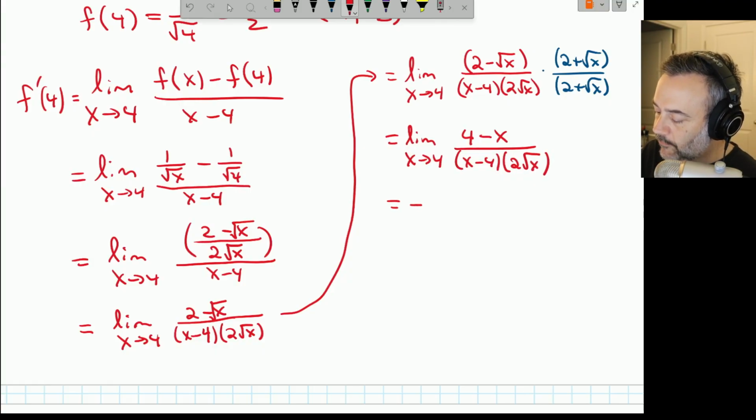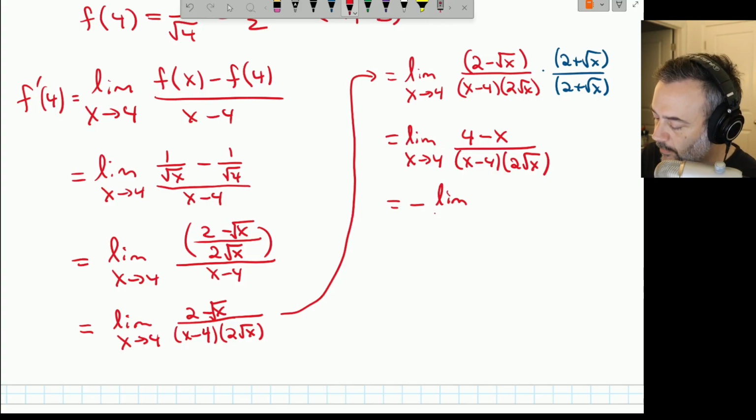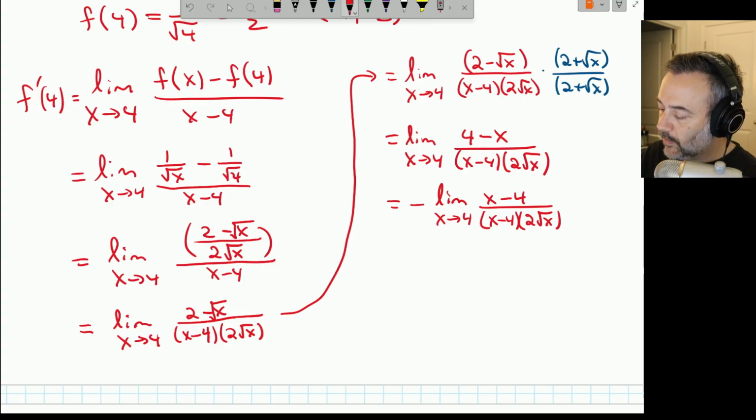Now I'll need to factor a minus out to switch this around. And whenever you factor a minus out, you can bring that constant out to the front of the limit. That's a constant law. Then the factor of x minus 4 cancels, and now I can do direct substitution.